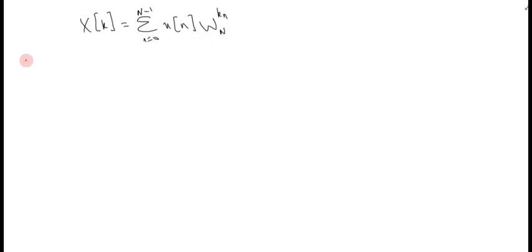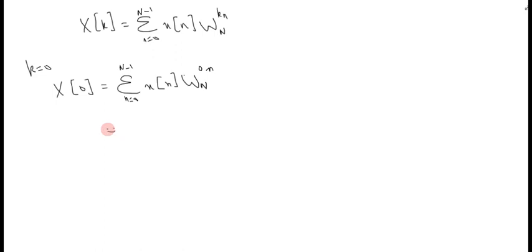So for k equal to 0, X of 0 can be written as the summation n equal to 0 to N minus 1 of x of n W N raised to power 0 into n.